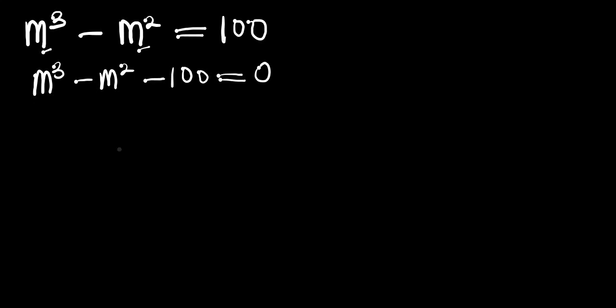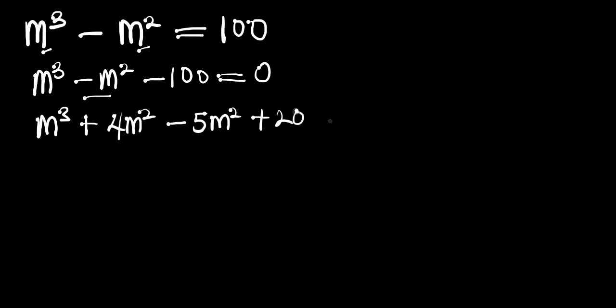The next thing is we can as well rewrite this as m power 3, then negative m power 2, and we can write it in the form of 4m squared and minus 5m squared, plus 20m, then minus 20m.